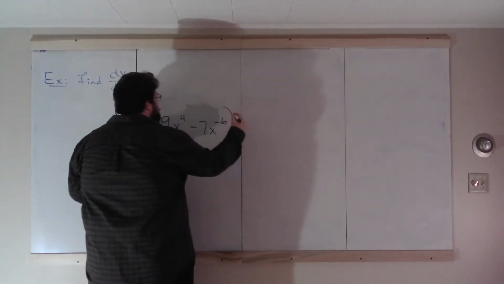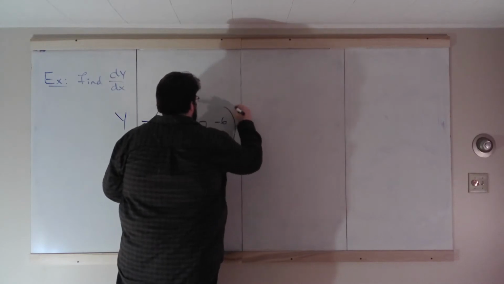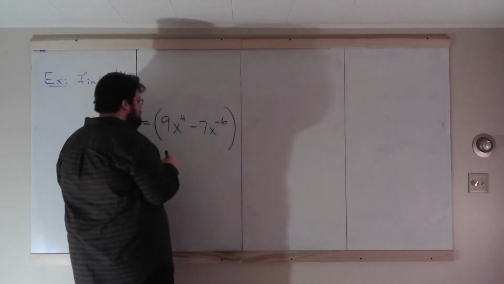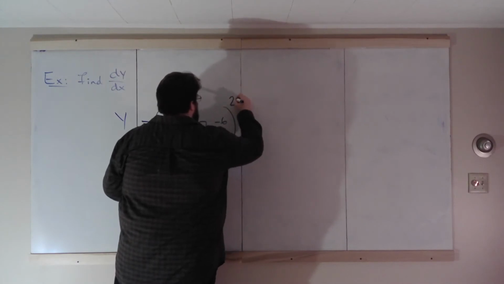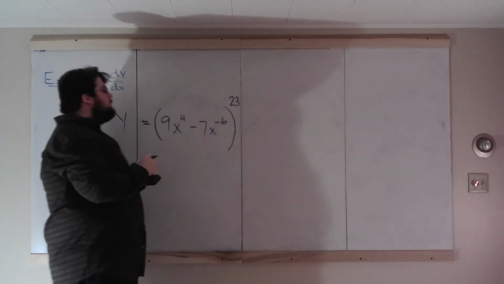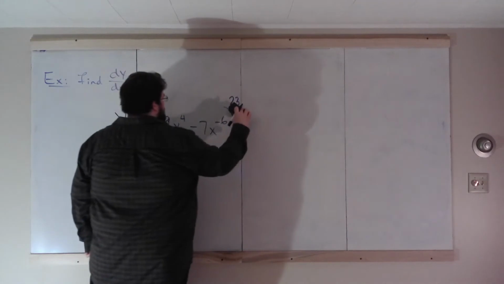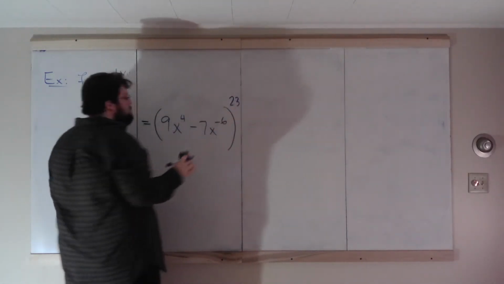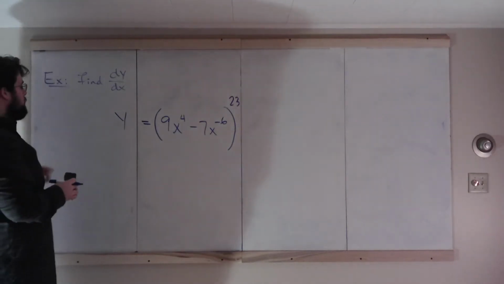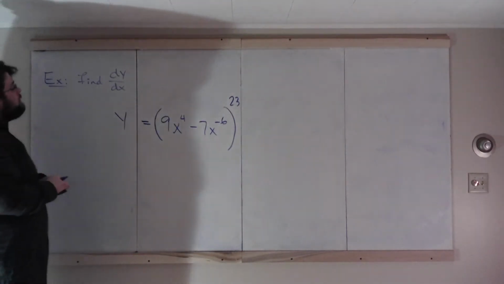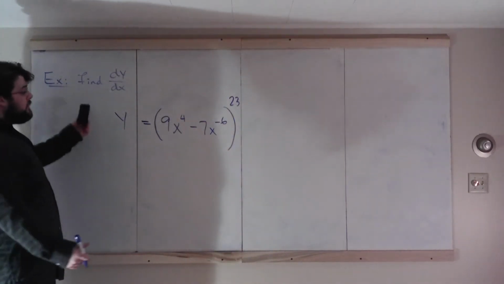But let's raise it to the, what's a good number? Let's see, 36, 42. Let's make it 23. So you could multiply that all out using the 24th row of Pascal's triangle. Or you could use chain rule to find the derivative.